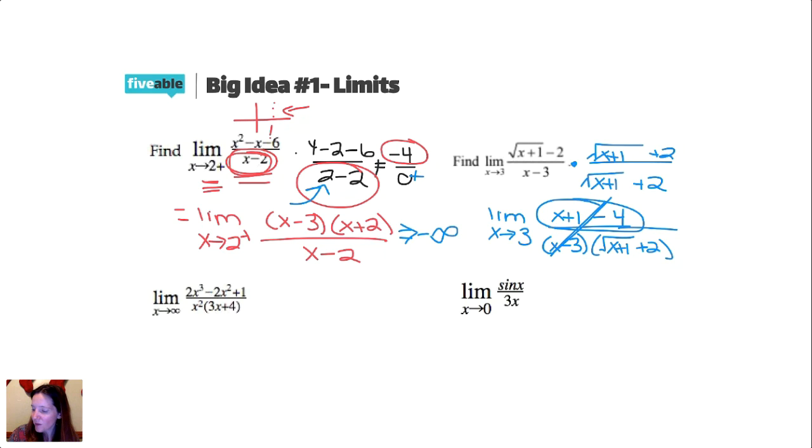We're left with, I'm out of room, the limit as x approaches 3 of 1 over root x plus 1 plus 2. Then we can plug in our 3 again, and this time we'll get an answer. We plug in 3 and get 1 over root 4, which is 2, plus 2. So we should get 1/4.